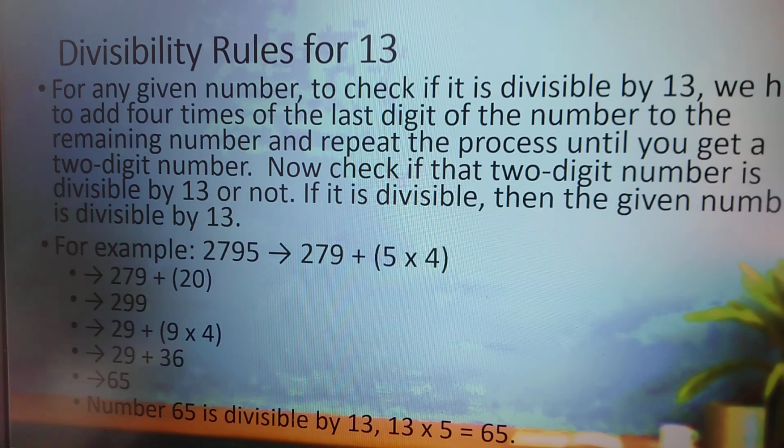For example, 2,795. 279 plus 5 times 4, the last digit, is 279 plus 20, which is 299. Then repeat the process: 29 plus 9 times 4, which is 29 plus 36 equals 65. The number 65 is divisible by 13, being 13 times 5.